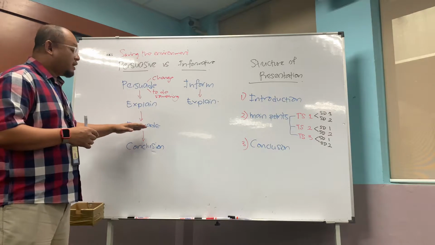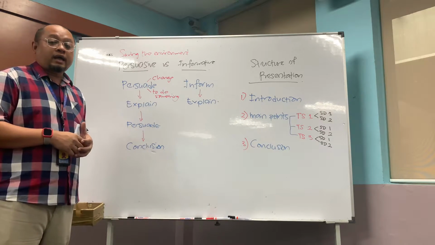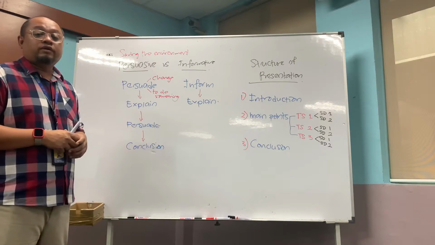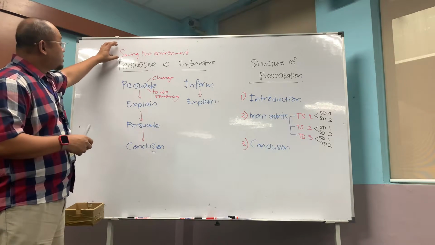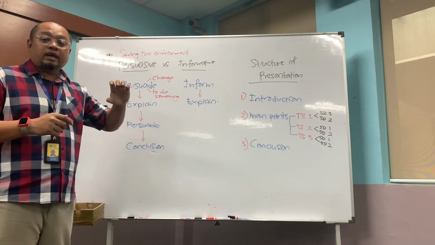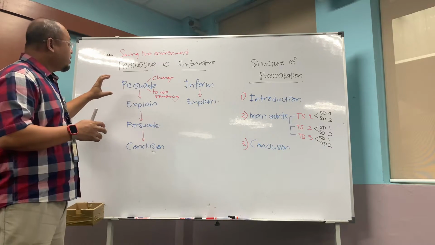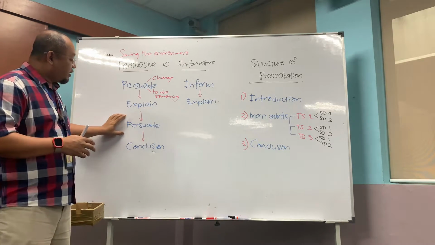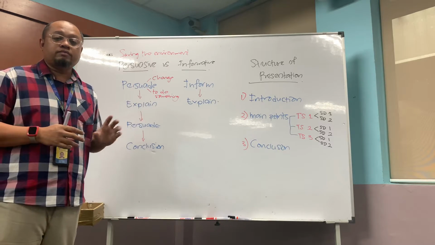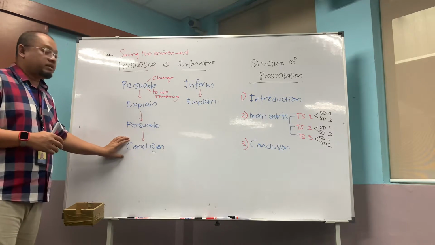Then you can ask them to change their habit and use a metal straw, for example. So the topic is about saving the environment, and you want them to change their habit from using plastic straws to metal straws, and then you conclude your presentation.